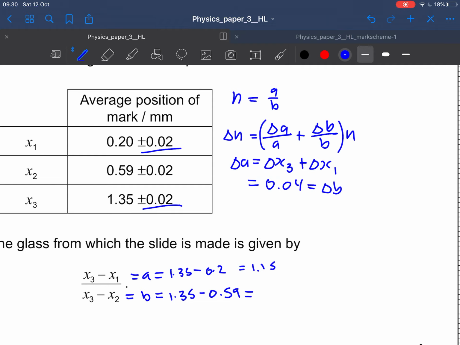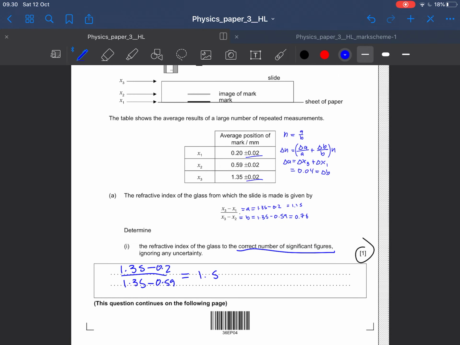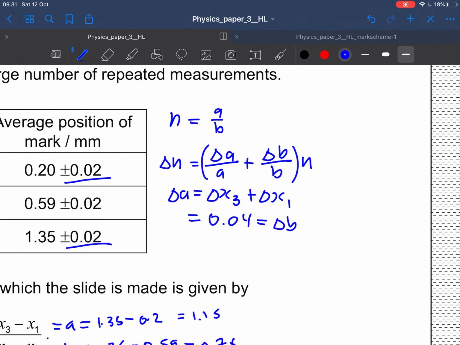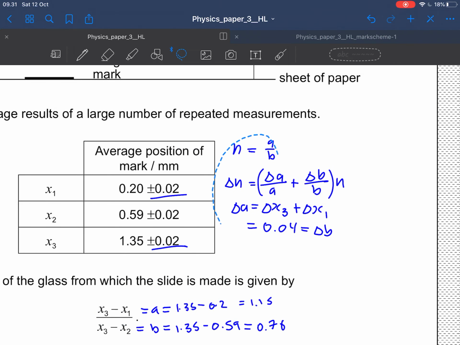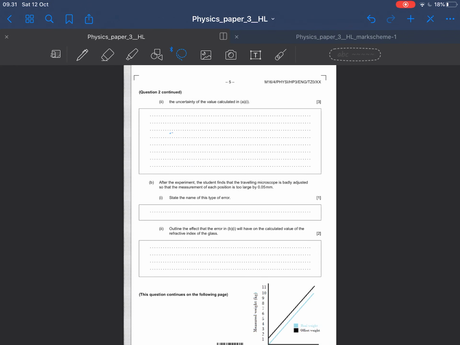And B is equal to, calculator, hello. Don't do the math if you have a calculator. That's the biggest tip. 0.76. And then now we have all the numbers, and we know n from our previous equation is this. So after we figure this out, we can just punch stuff into the calculator.